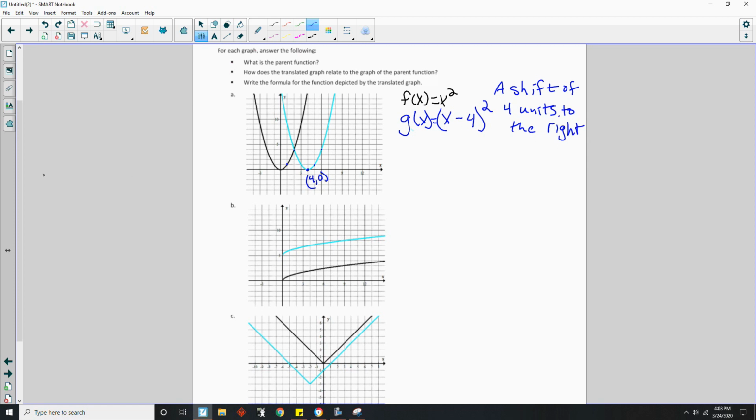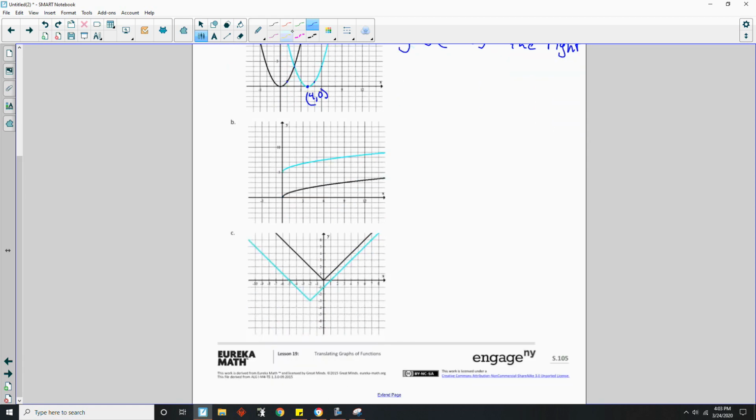Okay, part B. This is the parent function, so I'll say f of x equals. Once you do several functions, you're going to get a feeling for what they are just by looking at them. If I'm just looking at this, I say that looks like this function reflected across y equals x, so that's the inverse of x squared, and the inverse of squaring x is taking the square root of x.